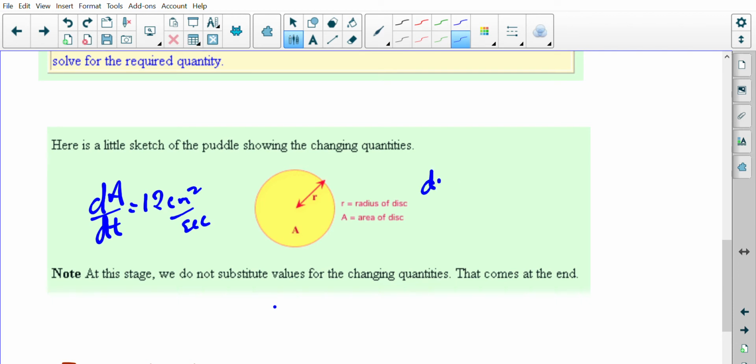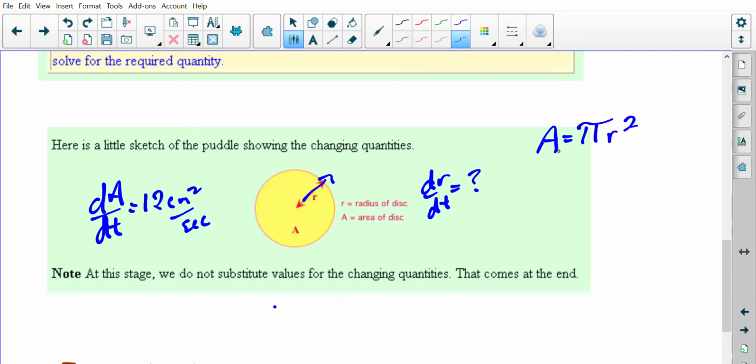The question asks me to find dr/dt. As that circle expands out this way, the radius is changing, and so is the area of the circle. So I need a formula that connects area and radius. Luckily for us, there is a nice formula to find the area of a circle, that is A = pi r squared.